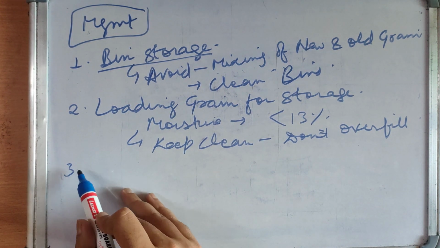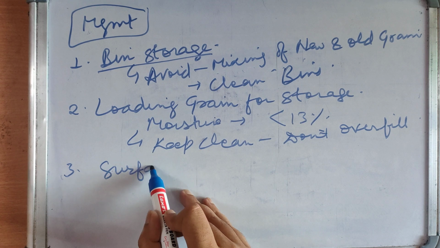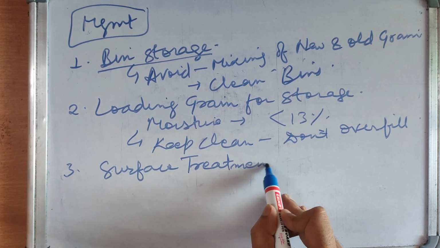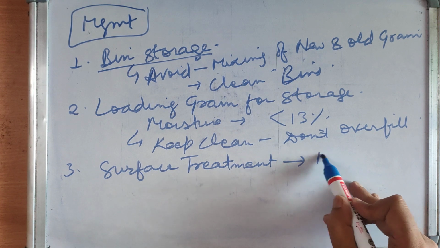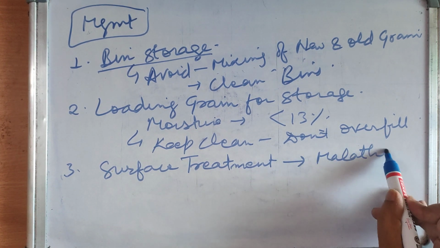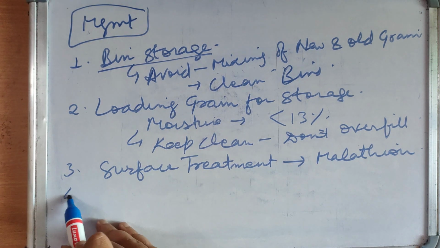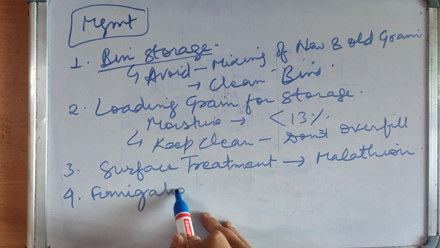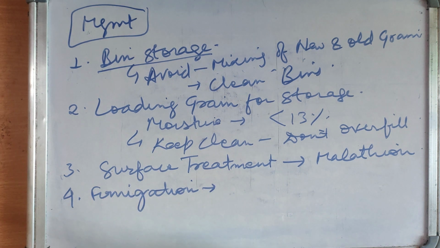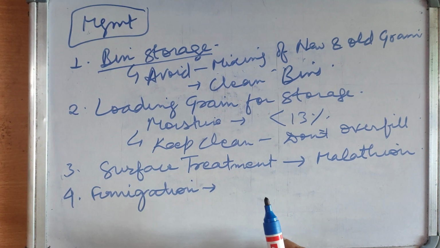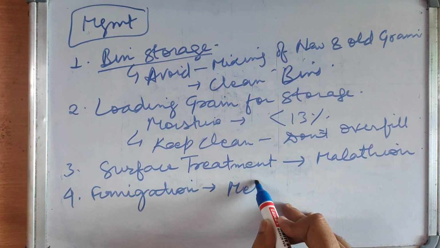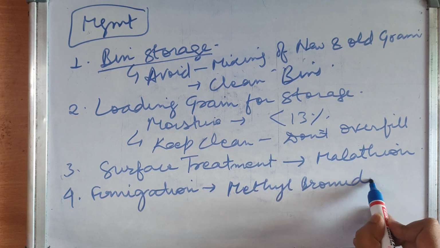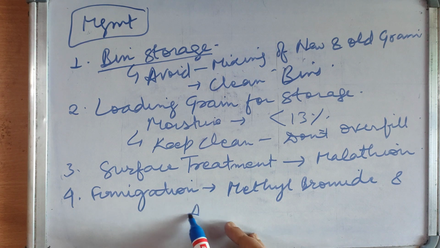Thirdly is surface treatment, which we can do using malathion. Fourth one is fumigation. This can be done by methyl bromide or aluminum phosphide.